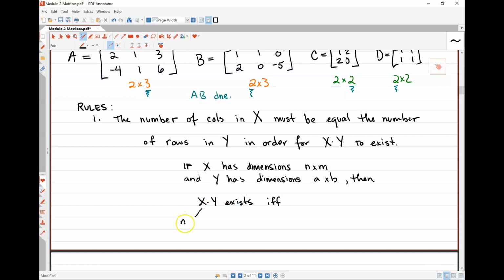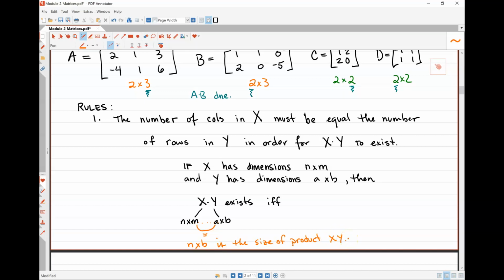So here we have an n by m matrix, and this one has dimensions a by b. So these two have to match. You can think of them as canceling each other out. And what's left is n and b. And those two values, n and b, describe the size of the product matrix.